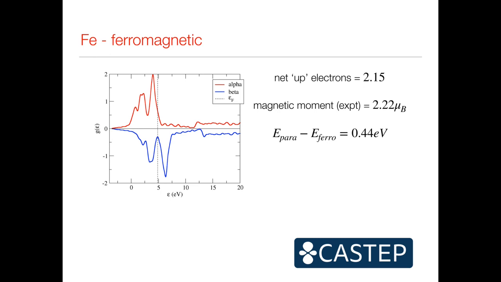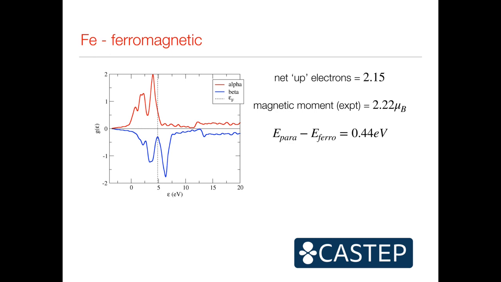Something else that came out from these calculations is we're able to work out the energy difference. There's about 0.44 electron volts per unit cell difference in energy. So the ferromagnetic state is lower by that amount than the paramagnetic state. Overall, that's why the system, in moving from that initial paramagnetic state in which the electrons are paired down into the ferromagnetic state, can gain 0.44 eV per unit cell.